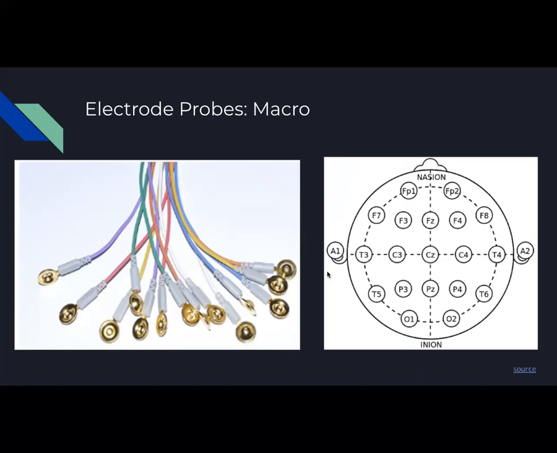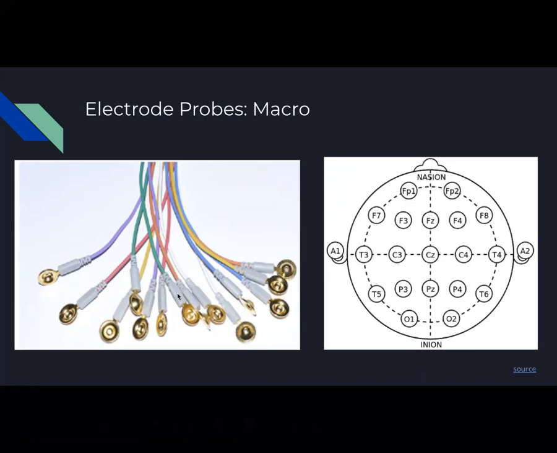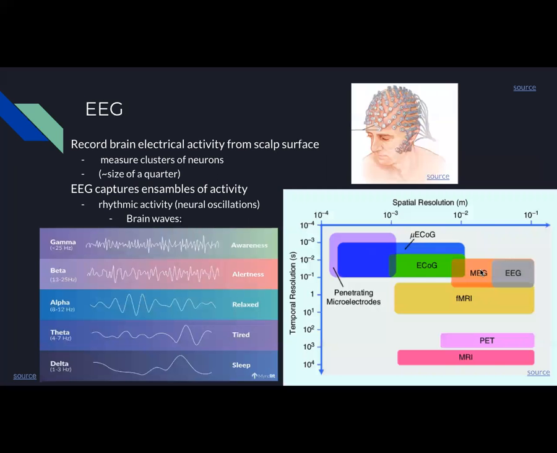They sit on some area of the scalp, in this case not inside the brain, but they're able to record a voltage on the scalp with respect to some ground point, which is usually the ear, or sometimes, I think, the back of the neck or some bony area. And each electrode can sense a voltage with respect to the ear, for example, and you would have differing signals based on the internal activity of the brain underneath the skull.